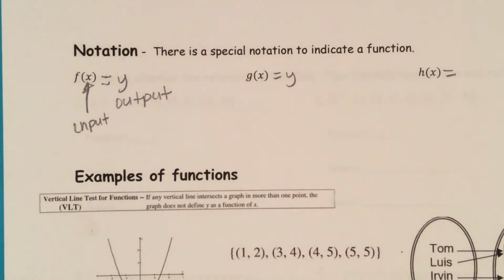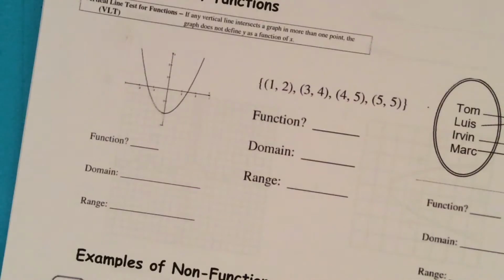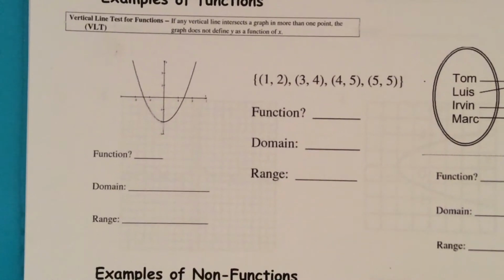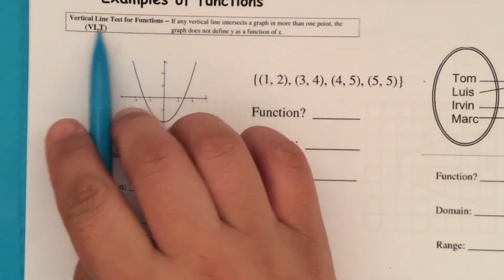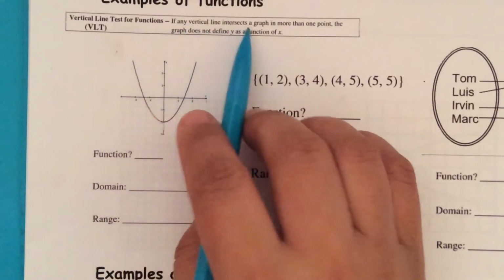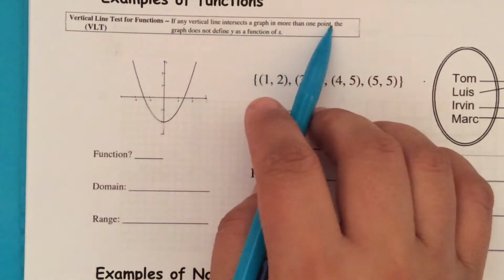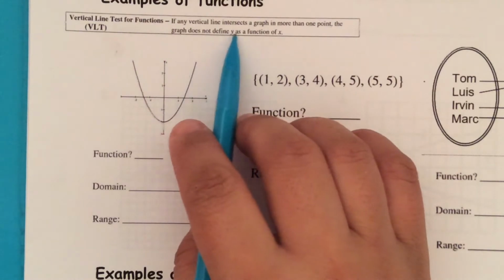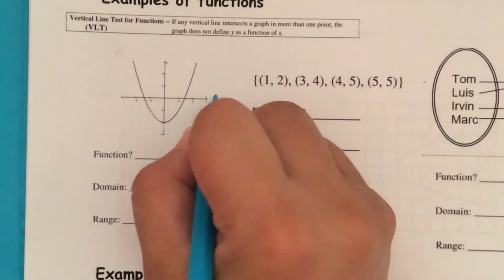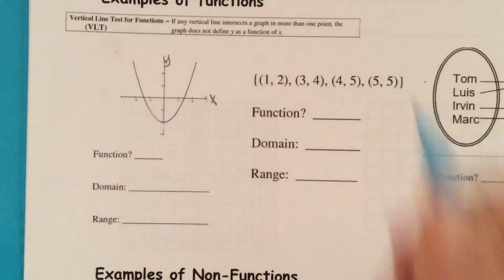Now we talked about using the vertical line test. So we need a spaghetti to do this. So let's see what the vertical line tests for a function. If any vertical line intersects the graph in more than one point, the graph does not define y as a function of x, okay? So remember, this is your x, this is your y.